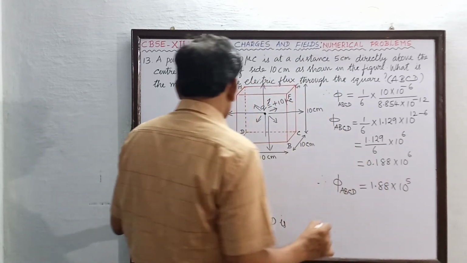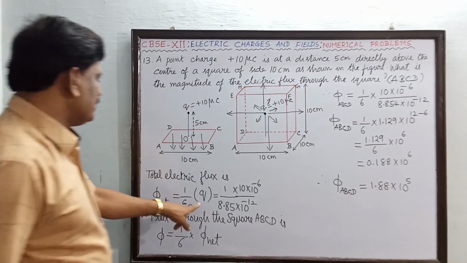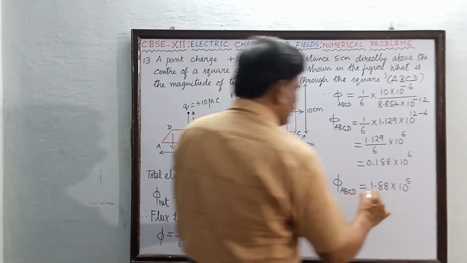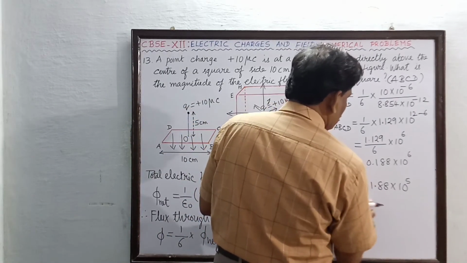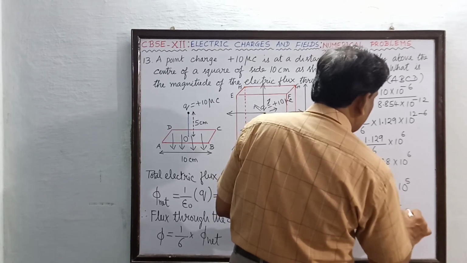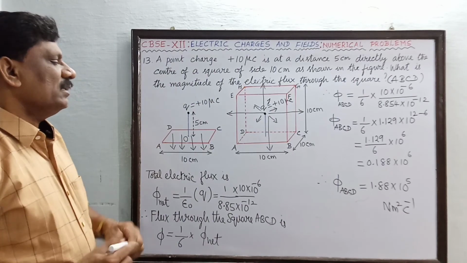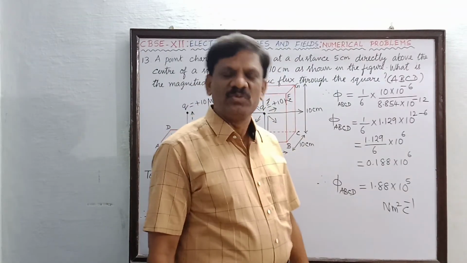So what is the unit for flux? The unit is Newton meter square per coulomb. I hope you must have understood this well. Fine.